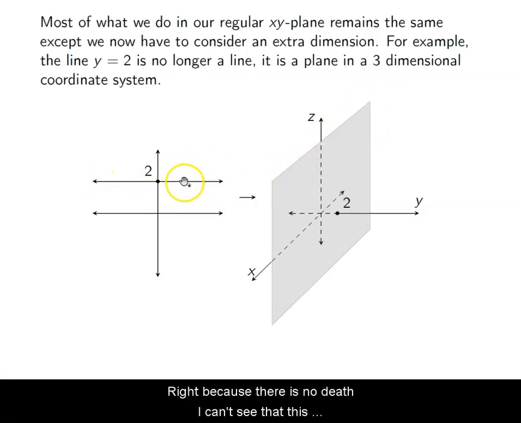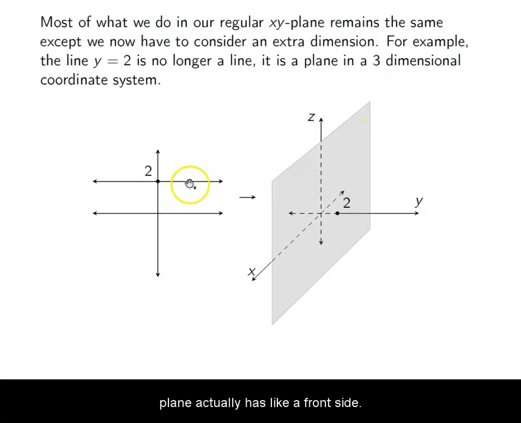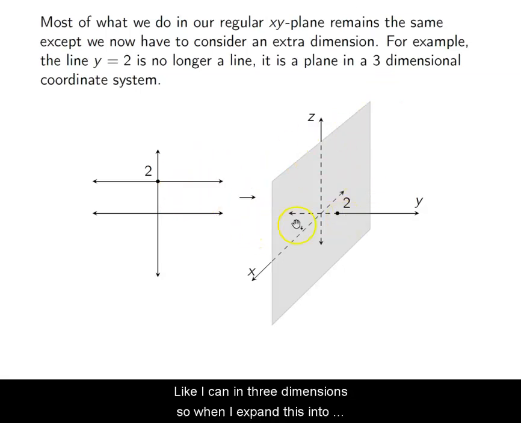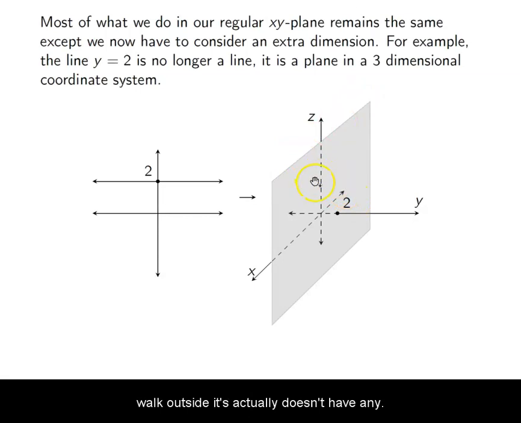Because there is no depth. I can't see that this plane actually has a front side and a back side, like I can in 3 dimensions. So when I expand this into 3 dimensions, this line is actually an invisible wall that I'm looking down onto, right? So in 2 dimensions, it looks like a line, but in 3 dimensions, I can see that it's not actually a line, it's a wall, right?